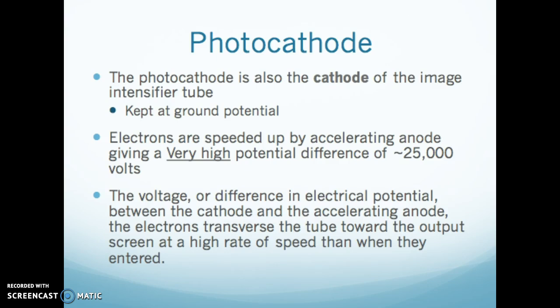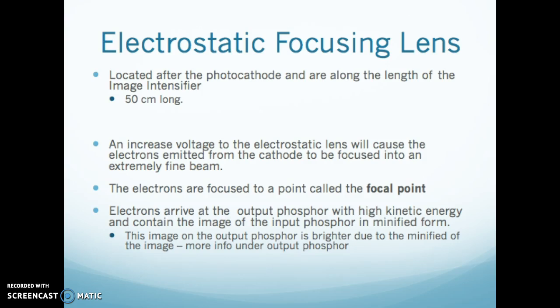So with the voltage, or difference in the electrical potential between the cathode and the accelerating anode, the electrons traverse the tube towards the output screen at a higher rate of speed than they would have when they entered. The lenses are located after the photocathode, along the length of the image intensifier, which is 50 cm long.